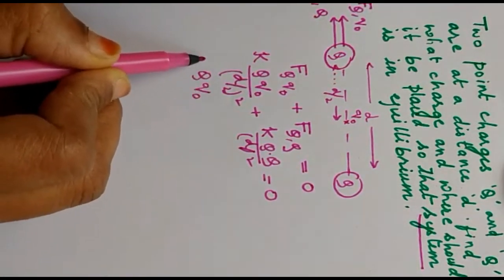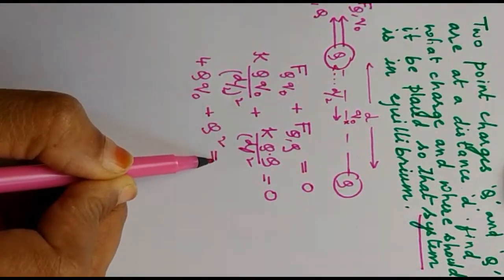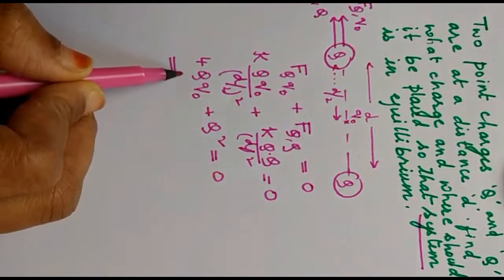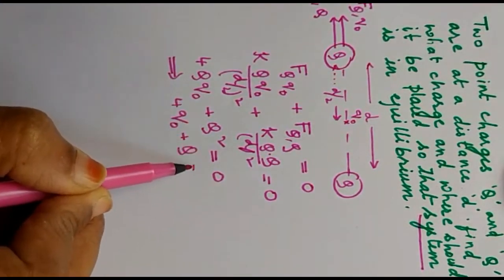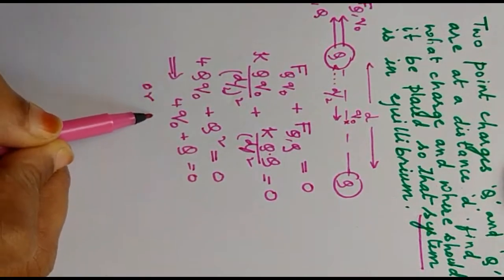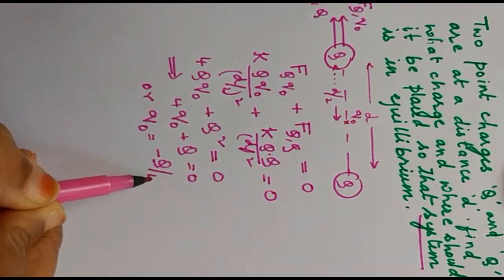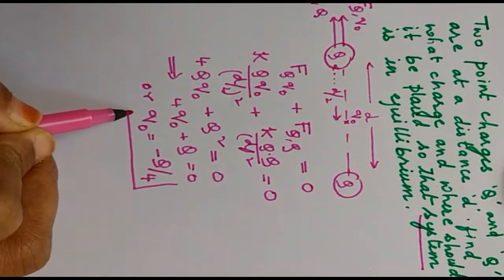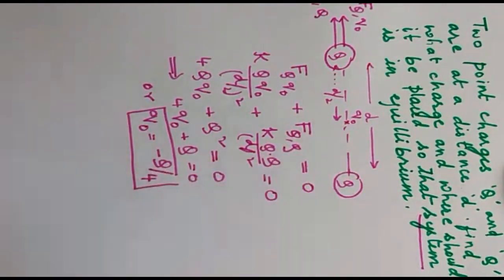Q naught into 4 plus Q square should be 0. Implies 4 Q naught plus capital Q should be 0, or Q naught should be minus Q by 4. So this is the charge and it should be placed at center.